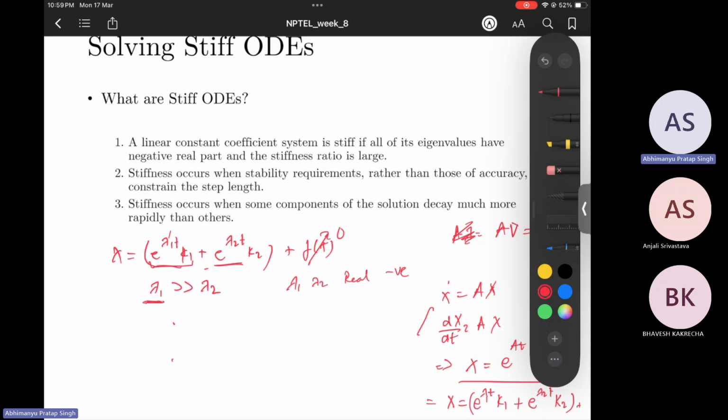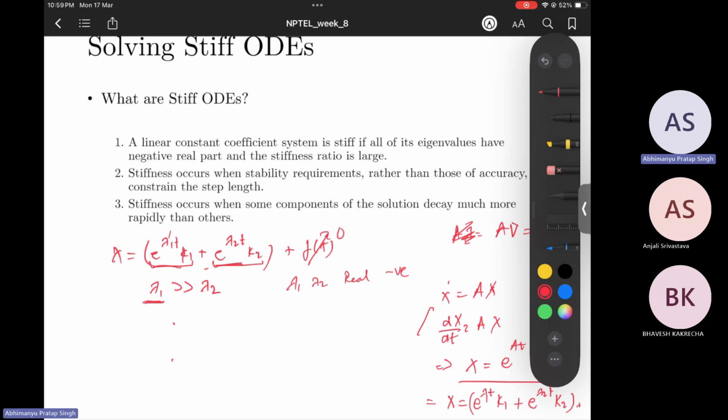So basically this term decays very rapidly as compared to this term. So we have different time scales in the system. One of the terms is very rapidly decaying, while the other term is slow to decay, or the time scale for that other term is very slow.